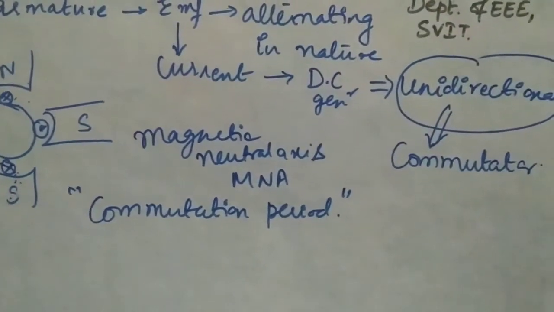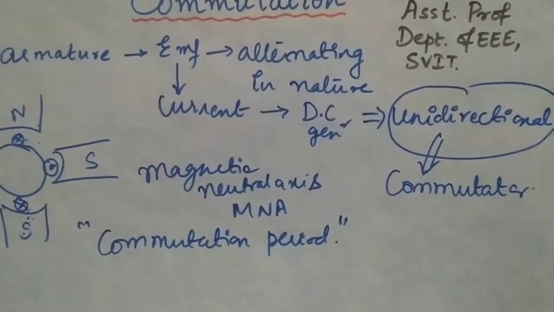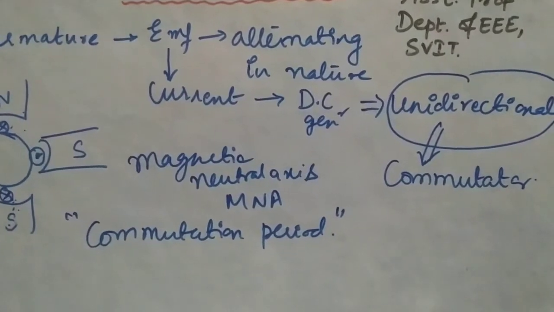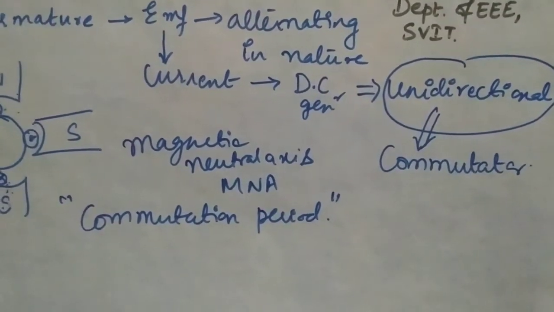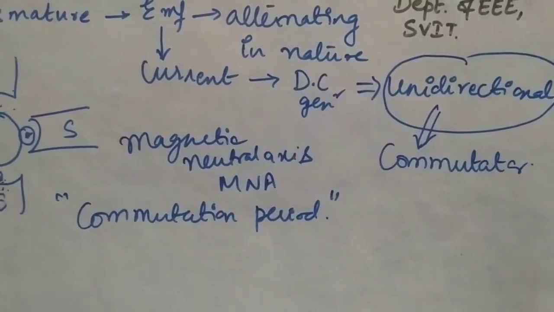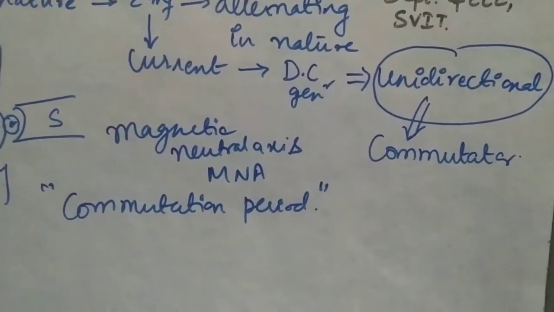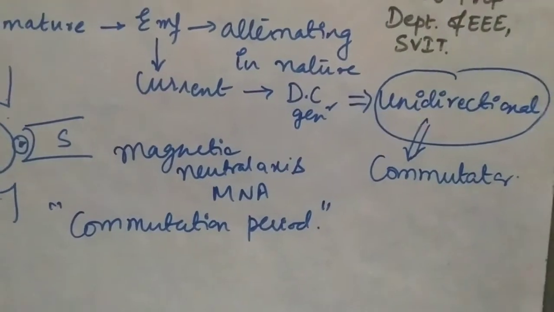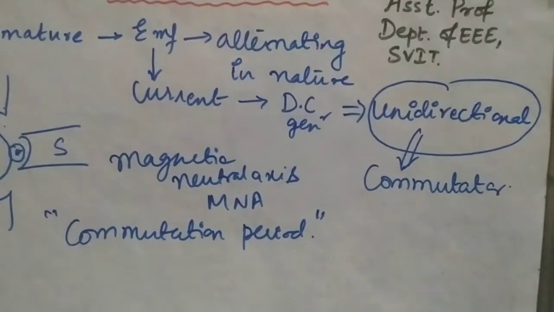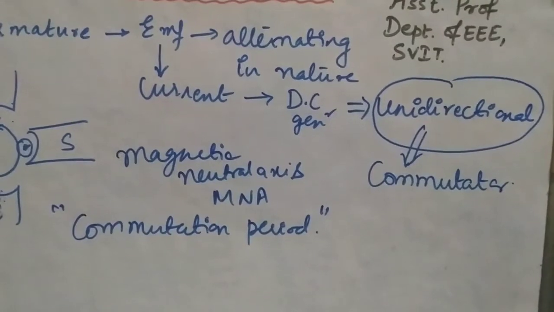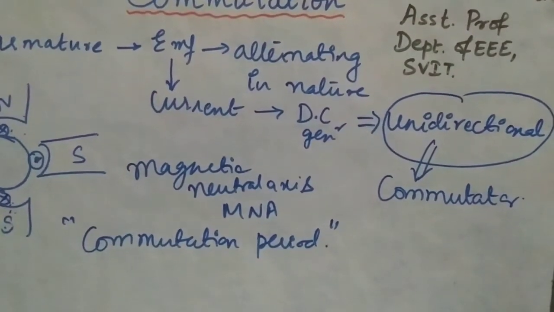Commutation is the reversal of current which has to take place in a short interval when the coil is short circuited by the brush, so that the transfer of current from one direction to the other is carried out without any spark.